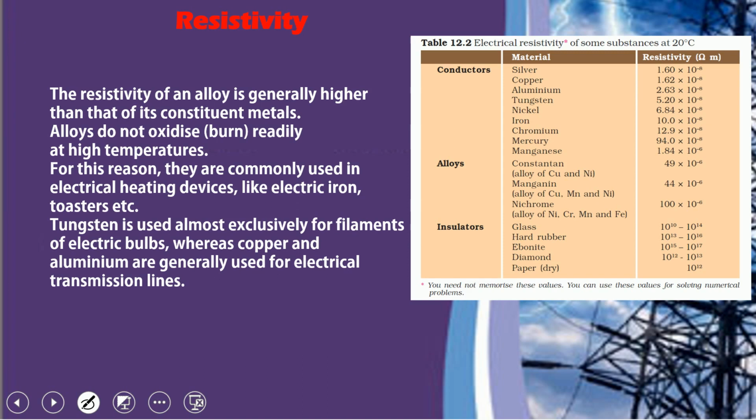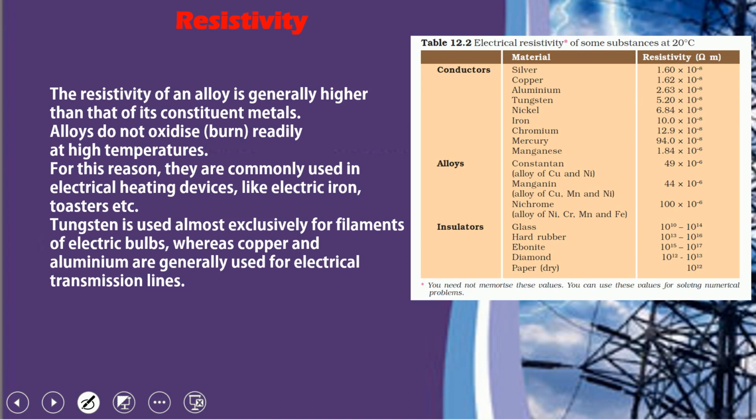Now tungsten, nickel, iron, chromium, etc. are also used in different appliances. Why are alloys used, especially in appliances? The resistivity of an alloy is generally higher than that of the constituent elements. For example, constantan is made up of copper and nickel.